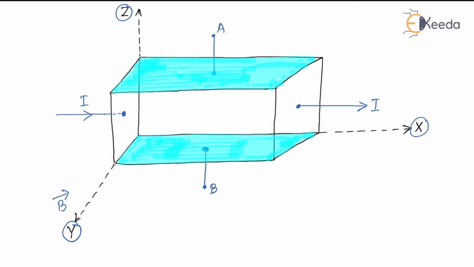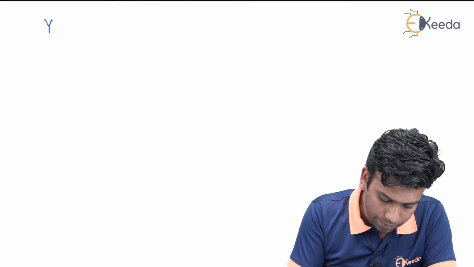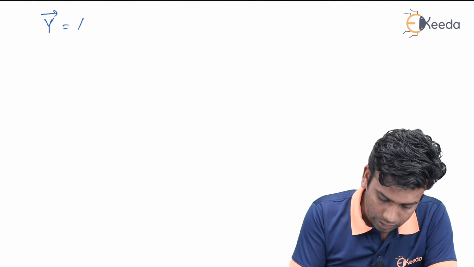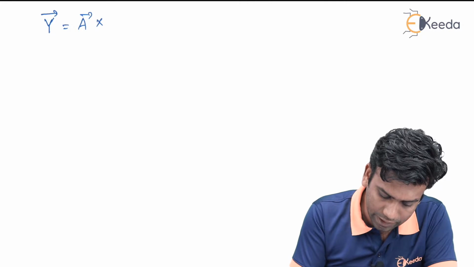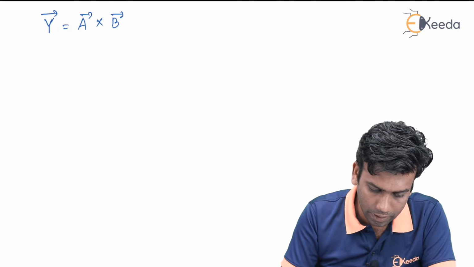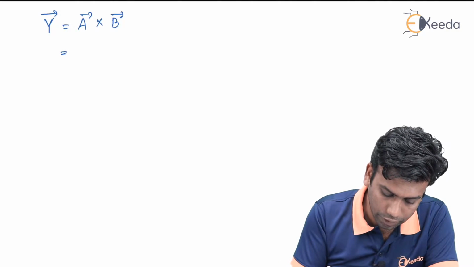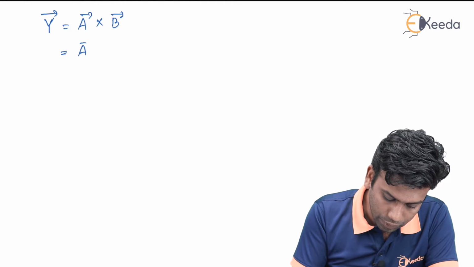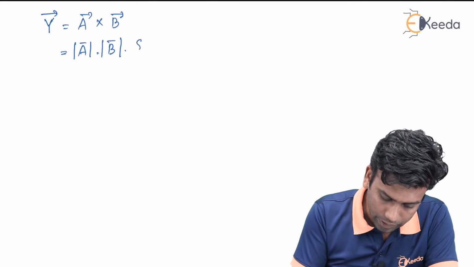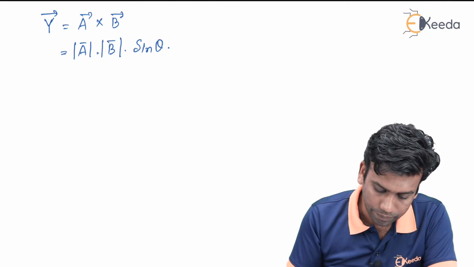To look at this, let us first see the basics of the cross product. Suppose we have a vector Y which is A cross B, where A and B are arbitrary vectors. According to the cross product formula, its magnitude is mod A into mod B into sin theta.